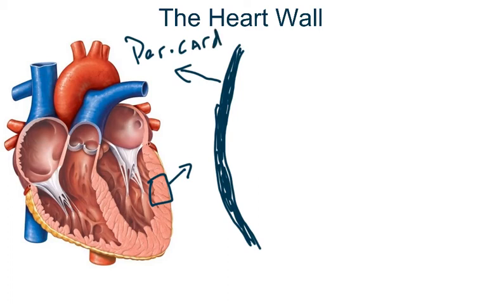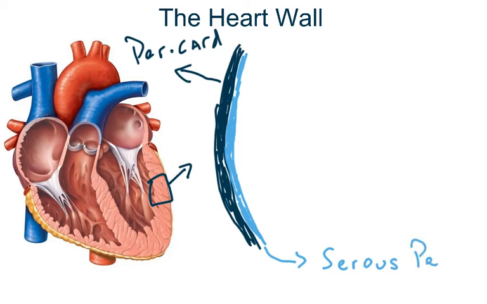Just on the inner side of the pericardium, we have the inner portion of the pericardium, which has its own special name. We're going to highlight this in kind of a light blue layer here. And this is what we call the serous pericardium. Or it's also known as the peritoneal layer.